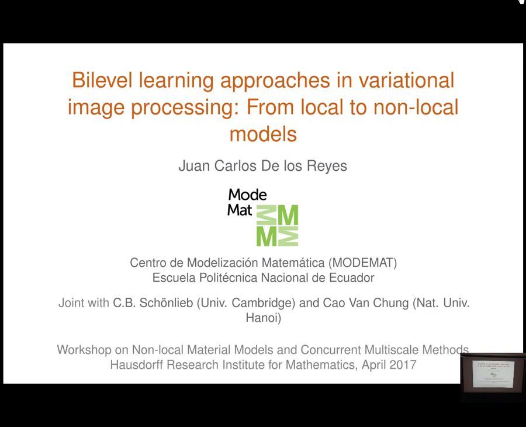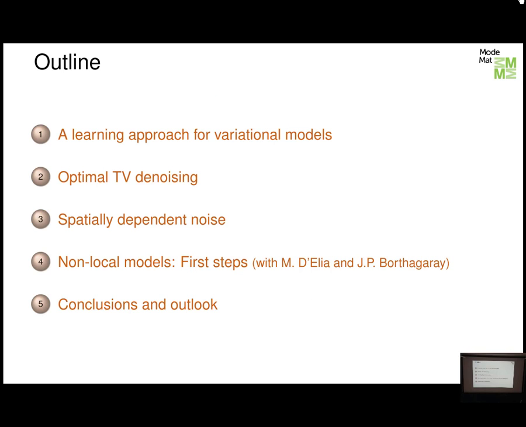And the outline of the talk is the following one. First of all, since this is not precisely an image processing community, I wanted to introduce some facts about the generalities of the variational models and how image processing works in that setting. Then I will explain in detail, with more technicalities, what optimal TV denoising is about. The spatially dependent case I will go to next.